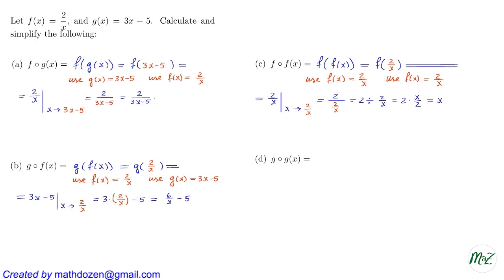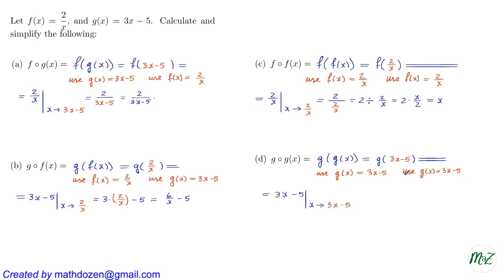Now, if you look at g applied to g of x, we're going to be using the formula for g. The innermost function, which is g of x, is the same as 3x minus 5. So we're looking at g applied to 3x minus 5. Use again the fact that g is the same as 3x minus 5.